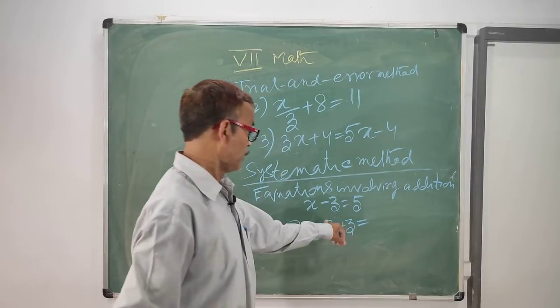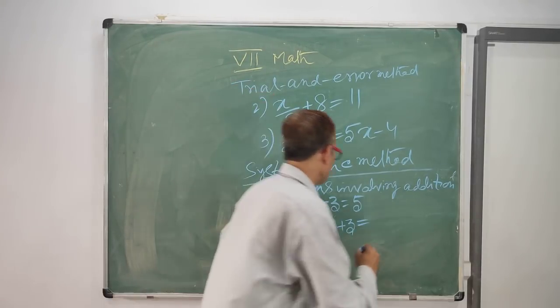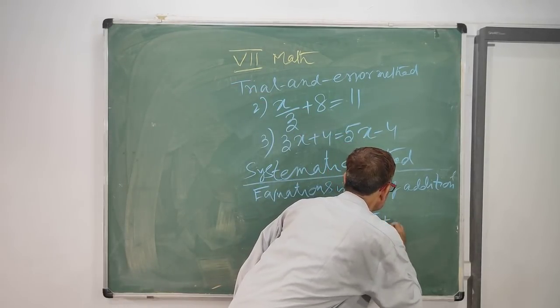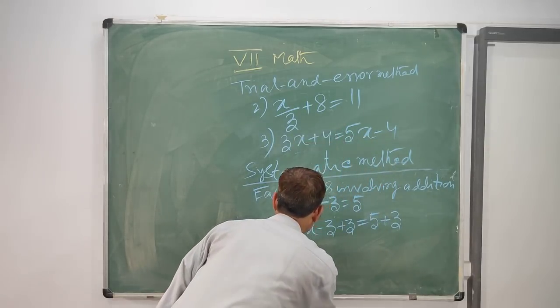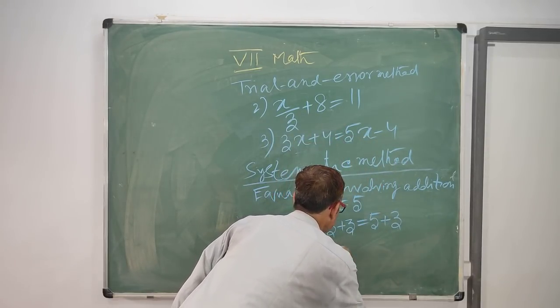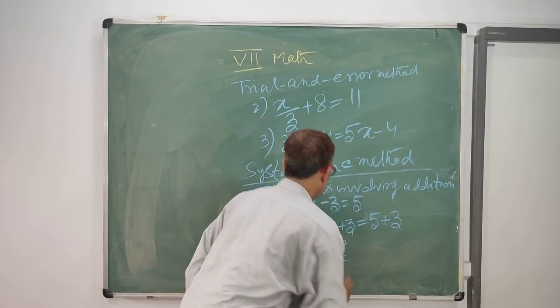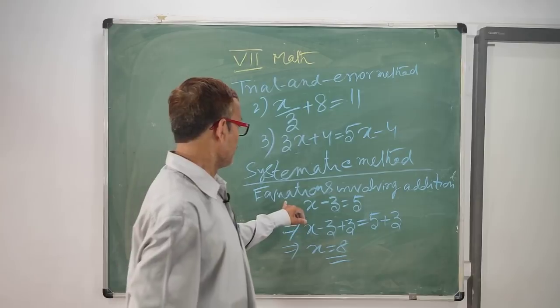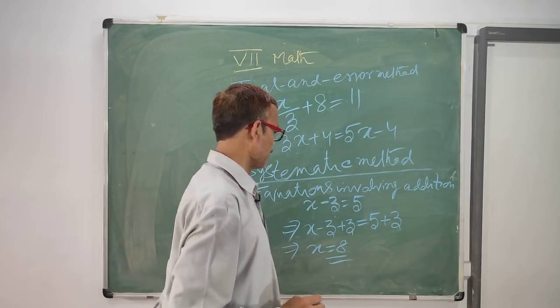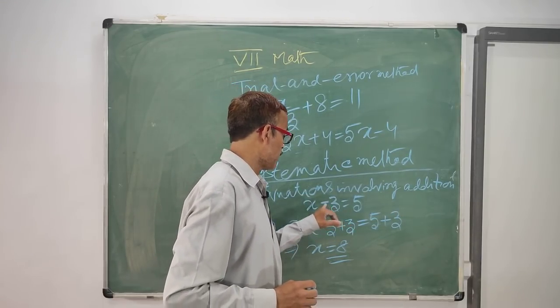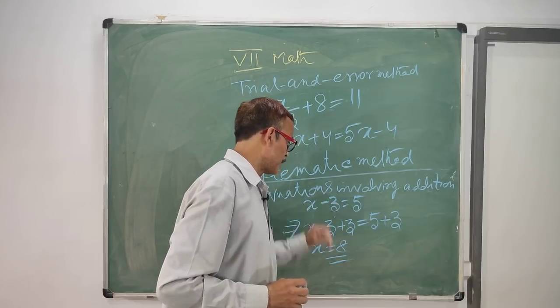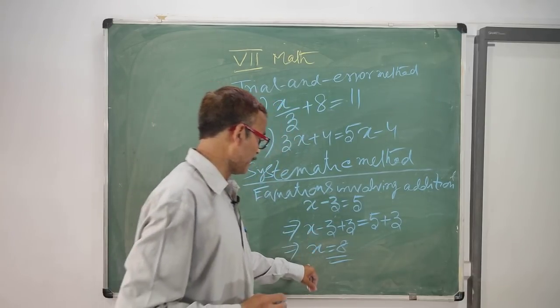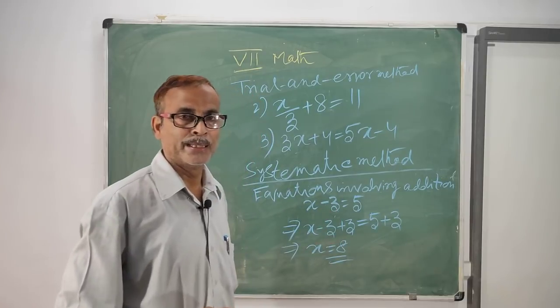Then you add the same term on both sides, means 5 plus 3, x equal to 8. So the solution of the equation is x equal to 8. Here equation involving addition means you have to add a fixed constant term by which you will get x on the left hand side alone.